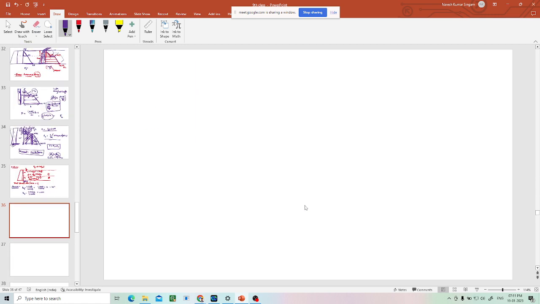To remember: sigma H, the active earth pressure, is Ka multiplied by sigma V dash minus 2c under root Ka. You found Ka; now you just have to find the effective vertical stresses, and you also know the c value for that layer. So now we will again draw the diagram so that we understand.